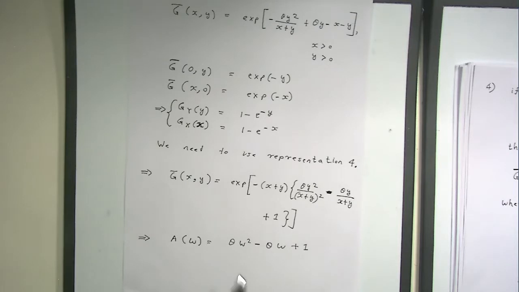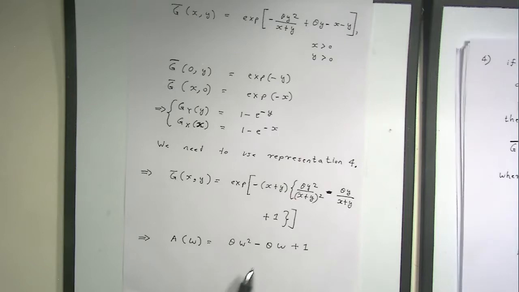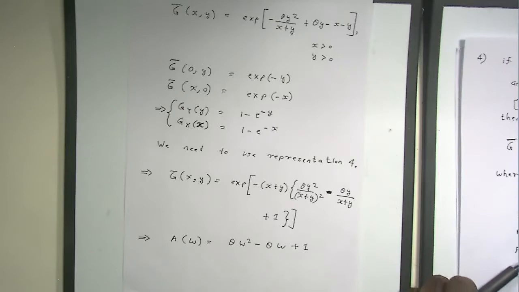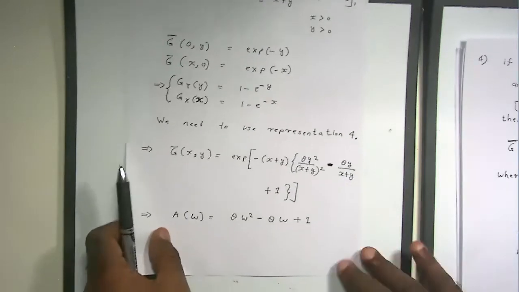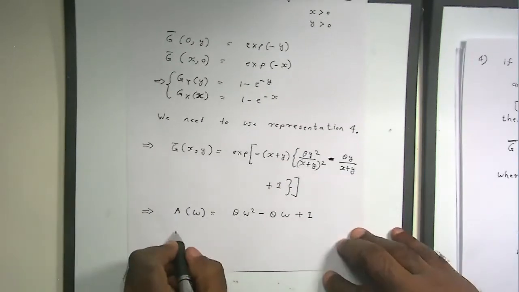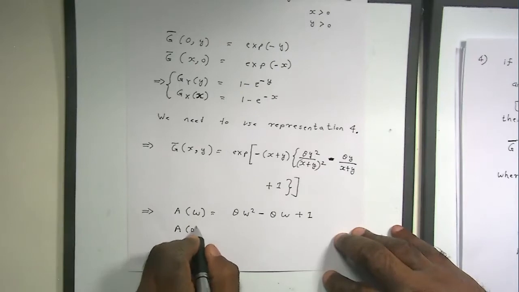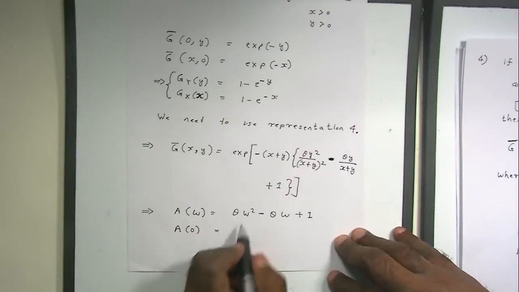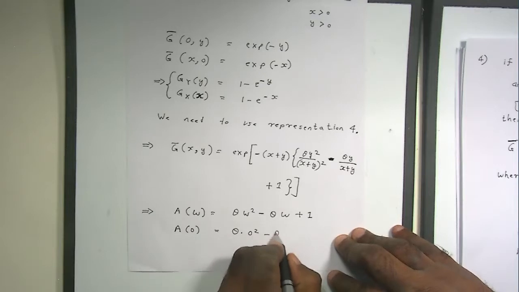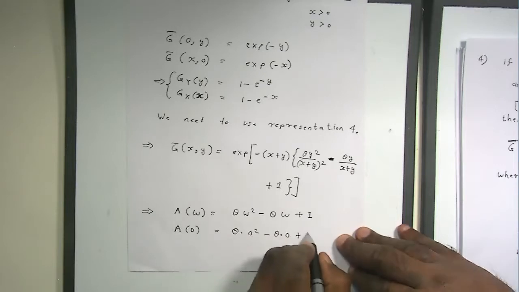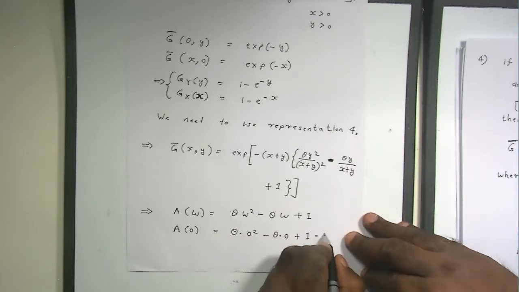Okay, so this is our function. Now what we need to prove is that this function satisfies these 4 conditions. Let's do that. So condition A of 0. A of 0 is theta times 0 squared minus theta times 0 plus 1, which is equal to 1.